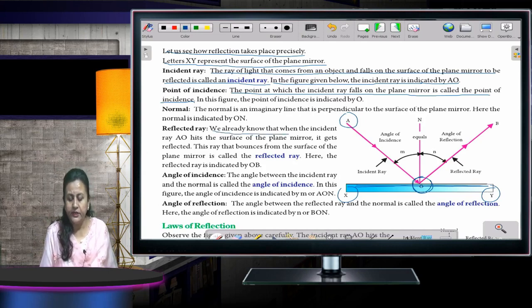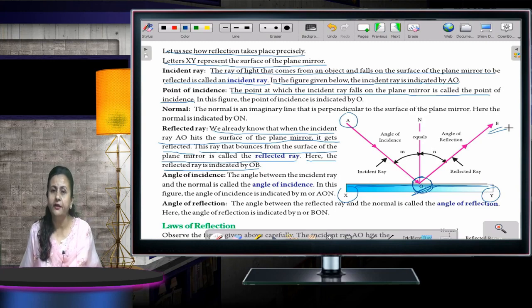We already know that when the incident ray AO hits the surface of the plane mirror, it gets reflected. It is getting back. This ray that bounces from the surface of the plane mirror is called the reflected ray. Here the reflected ray is indicated by OB. You can see O is here and B is here. This is known as the reflected ray.